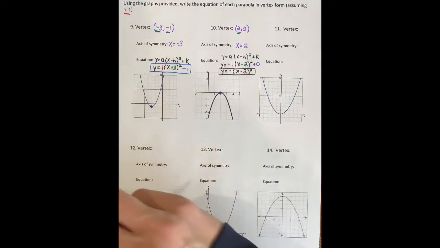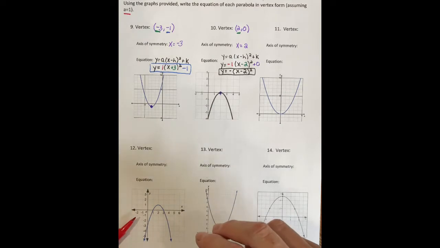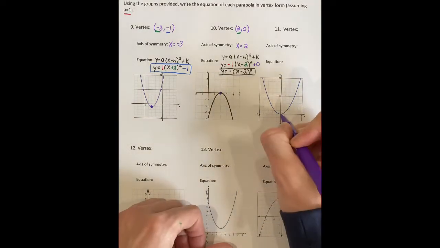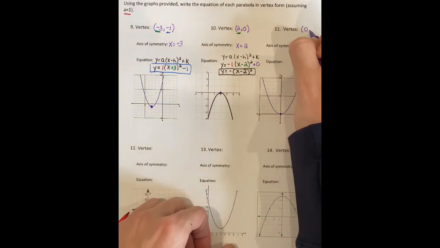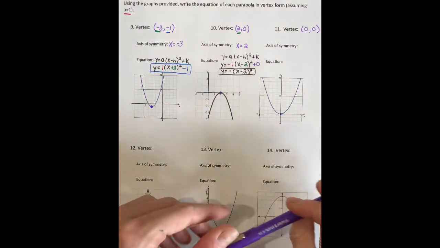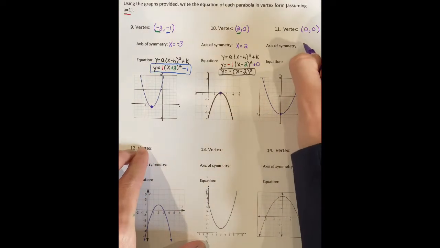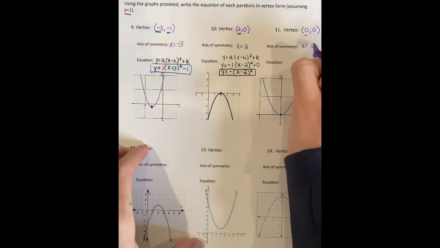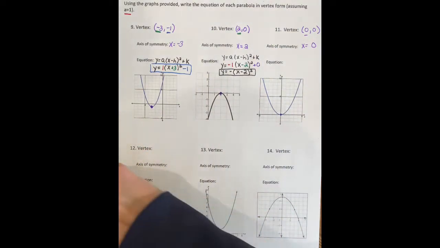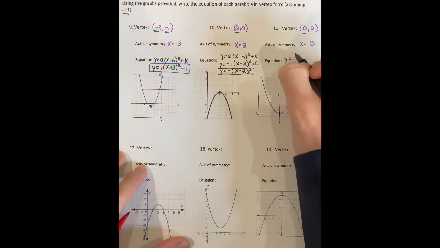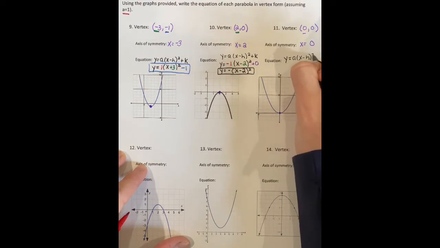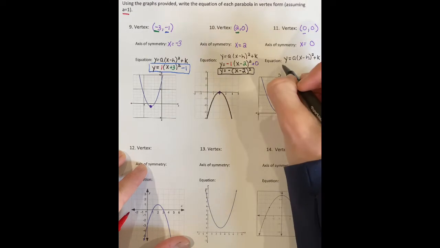Let's do one last one together. So my vertex of this equation is going to be here, which is at 0, 0. And our axis of symmetry is then going to be x equals 0. So now our equation, y equals a(x minus h) squared plus k.